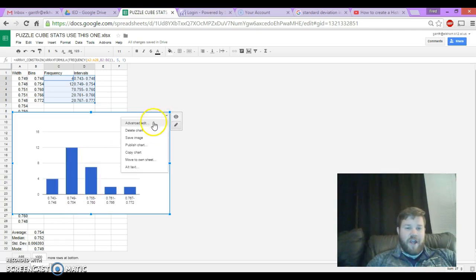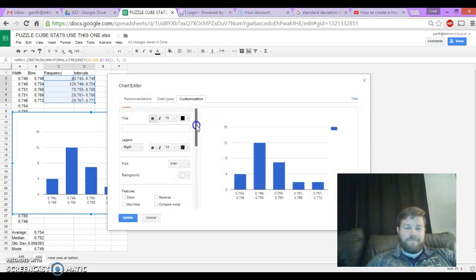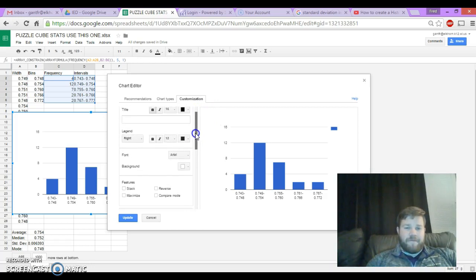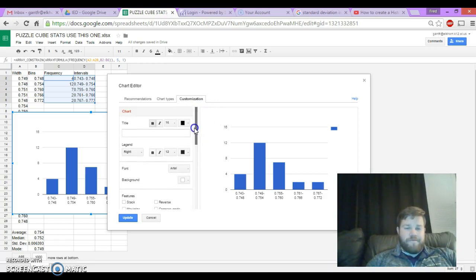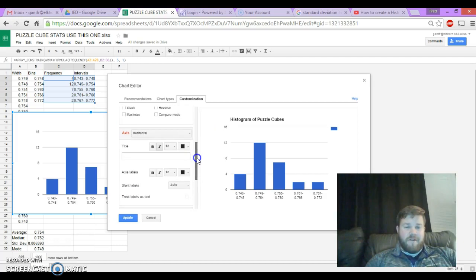I could go in and change the chart, maybe advanced edit, and change the title here. The puzzle cubes themselves is what we're measuring.